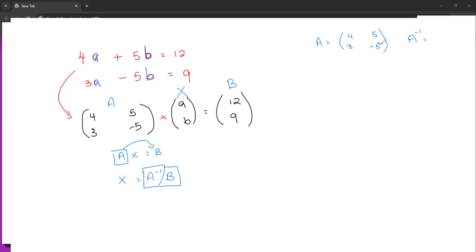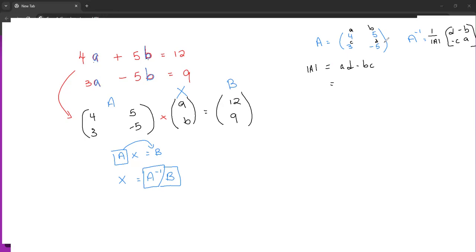Now, label your matrices A, B, C, D. In order to find the inverse, remember, it's 1 over the determinant, and we're going to swap the leading pair and change the sign of the other two. So first, the determinant, which is AD minus BC.